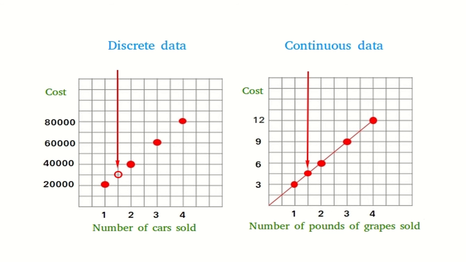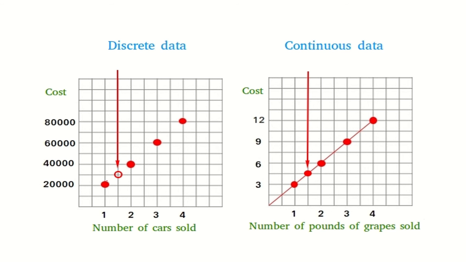Now you can see two examples here, discrete data and continuous data. In the first example, we have tried to put discrete data of cars that are sold at the cost given on this axis. It is showing 20,000, 40,000, 50, 60,000, and 80,000, and the number of cars that are sold: 1, 2, 3, 4. It means that 2 cars are sold at the cost of 40,000, and 3 at the cost of 60,000.